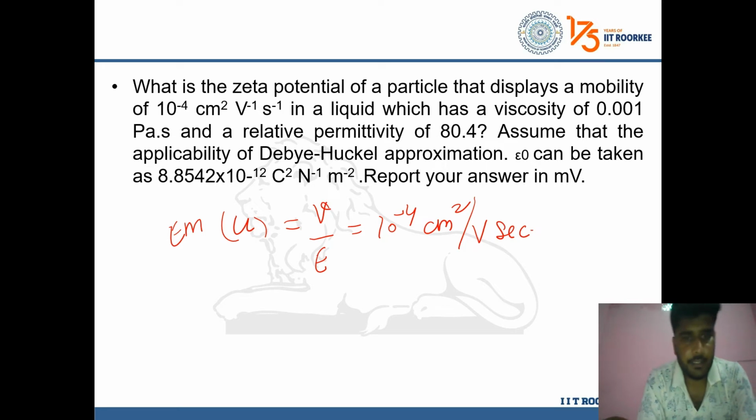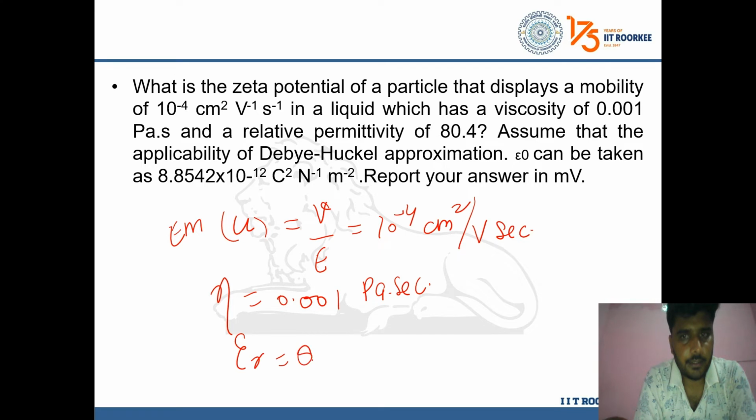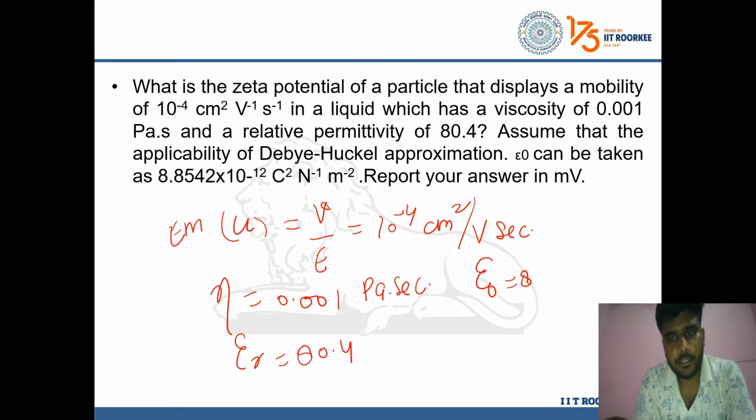The viscosity is given here, that is 0.001 pascal second, and the relative permittivity epsilon r is 18.4 and epsilon naught is 8.84 into 10 raised to minus 12 coulomb square per newton meter square.